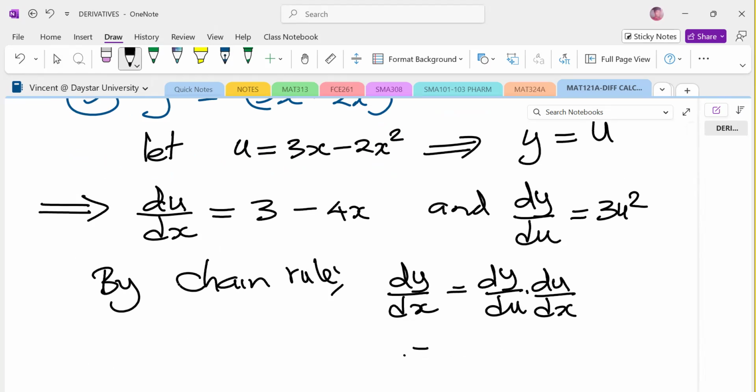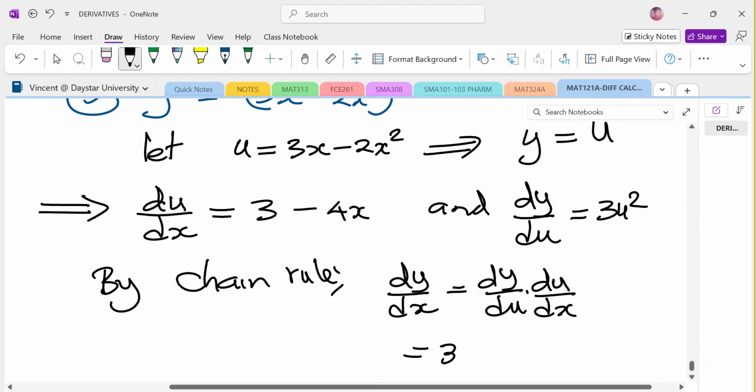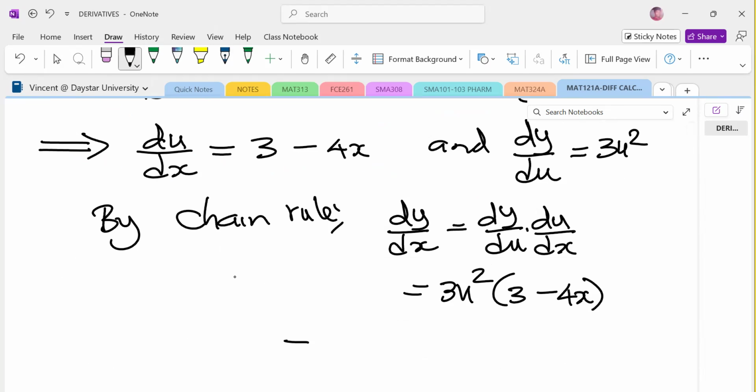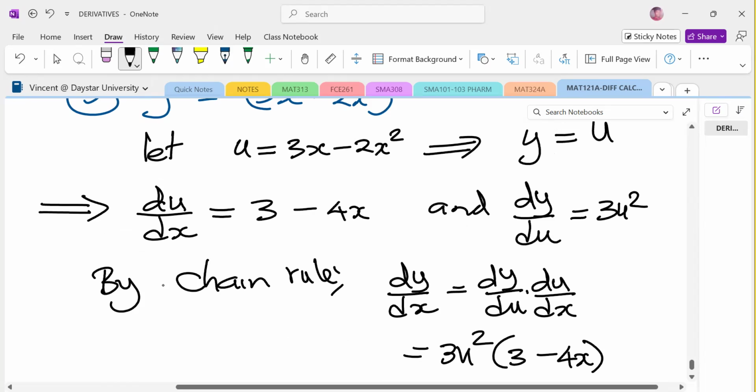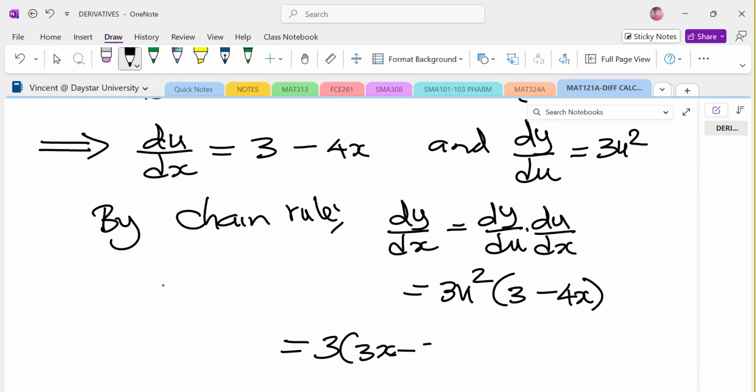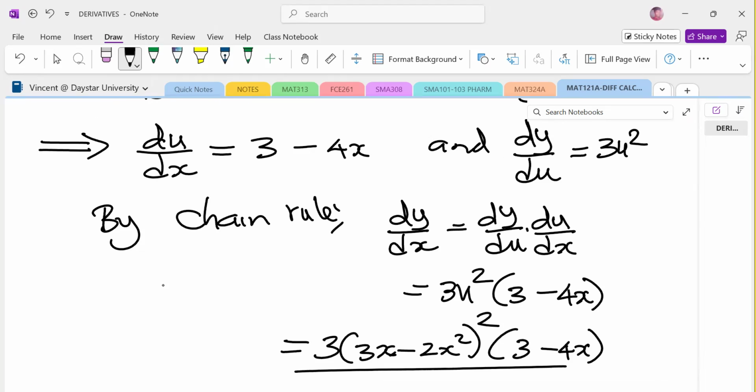So dy du is 3u squared, du dx is 3 minus 4x. Then which will be the same as 3 times u, which is 3x minus 2x squared, squared. Then times 3 minus 4x. So this will be the final solution.